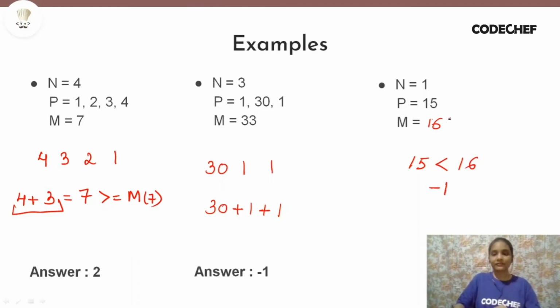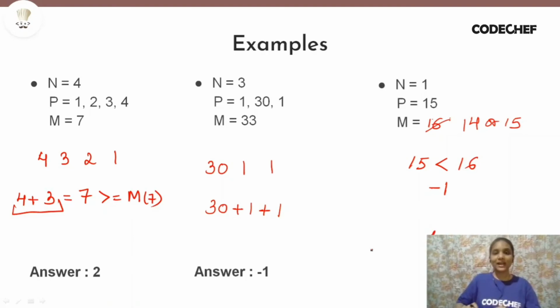But suppose M was 14 or 15. If M was 14 or 15, then in both the cases our answer will be 1, because it is possible to cross the threshold, because essentially what we are checking is if max sum is greater than or equal to M. So if M is 14 or 15, then this condition will be followed and our answer will be 1 in this case.